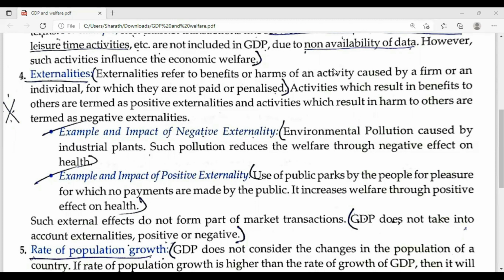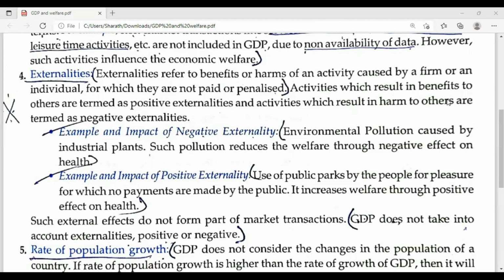There are so many harms and benefits taking place in an economy by individuals and firms, for which nothing is paid and nothing is penalized. In externalities, we could see positive externalities and negative externalities. Positive externalities are those activities which result in benefits to others.